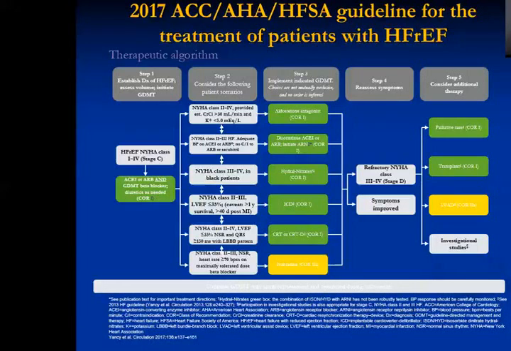And after that, if in spite of all of these, the patient is still symptomatic, you can think of palliative care, transplant, LVAD, and further investigational study, any biopsy or anything specific, and then act according to that situation.